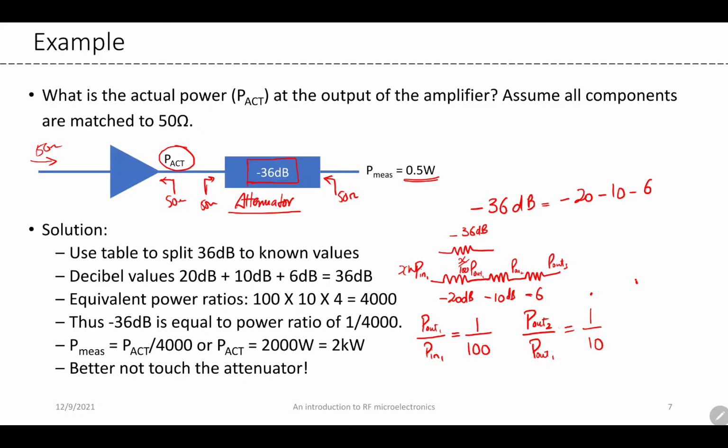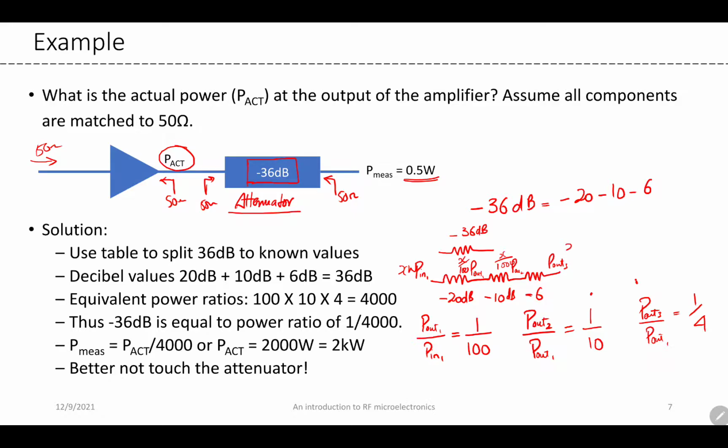So P out 2 would be, doing another divide by 10, X by 1000. Similarly, minus 6 dB, so P out 3 by P out 2 is 1 by 4 from the table.